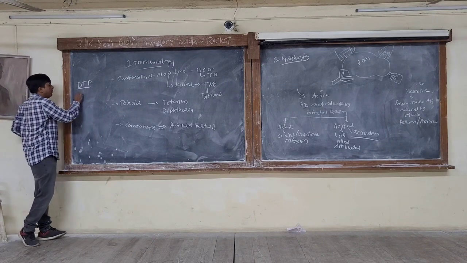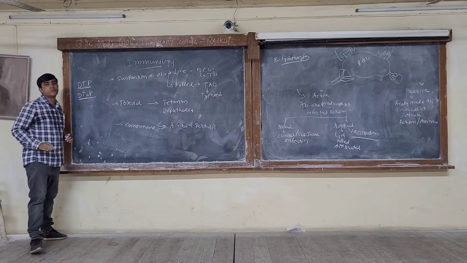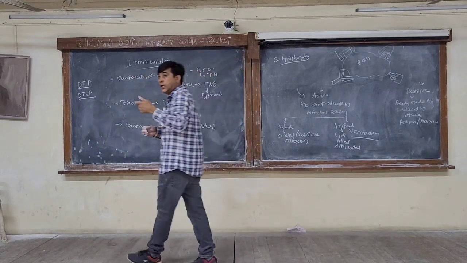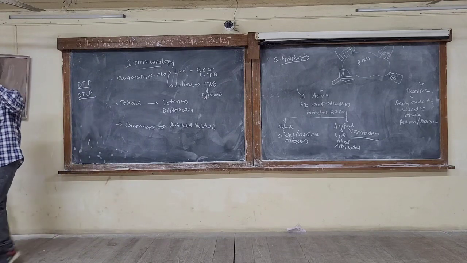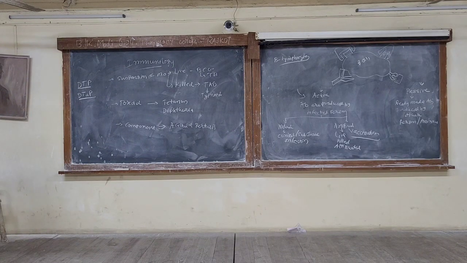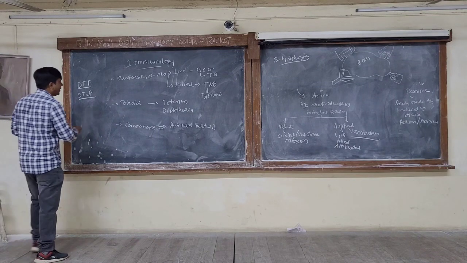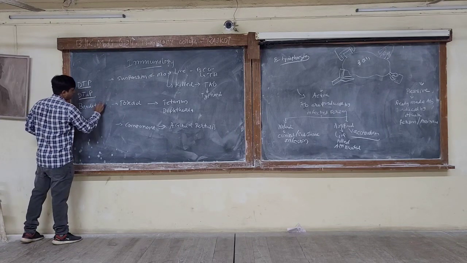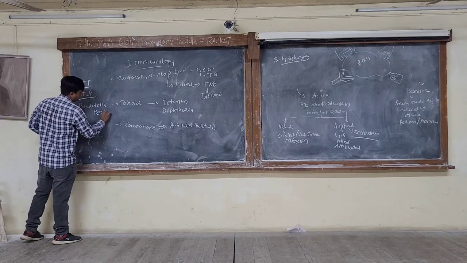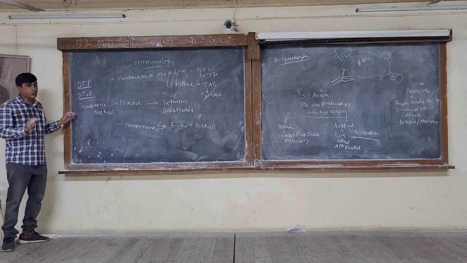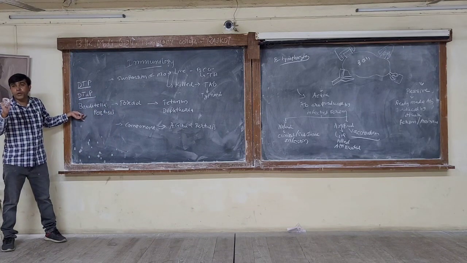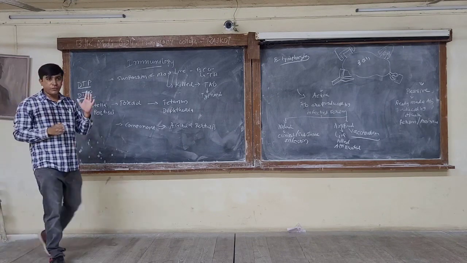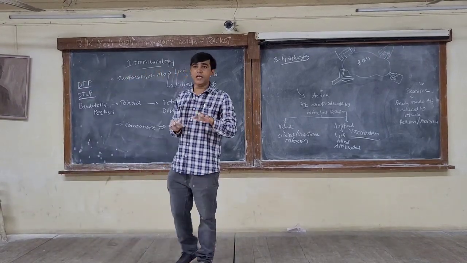Now we have DTaP, that is diphtheria, tetanus, and acellular pertussis. We are only injecting a cell wall component of the bacteria, not the entire bacteria. Bordetella pertussis is the organism responsible for pertussis. We only inject a cell wall component which is antigenic, which can produce the antigen response, that is, trigger the antibody production. That is an acellular vaccine, without any entire cell.